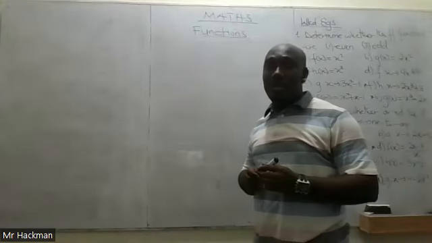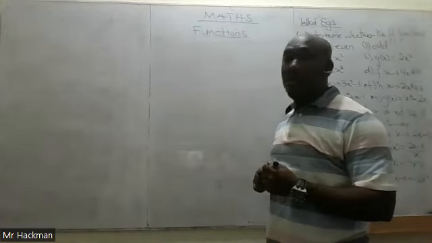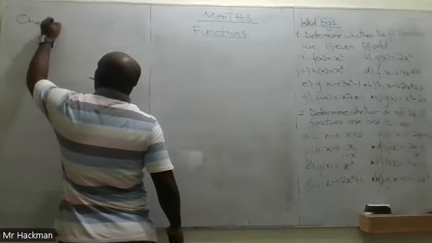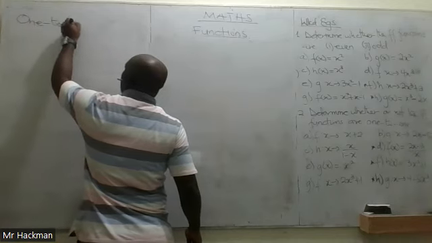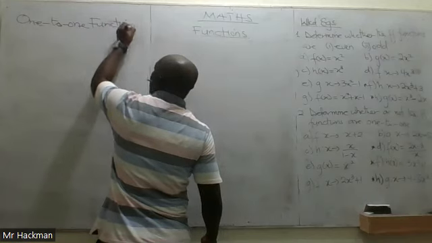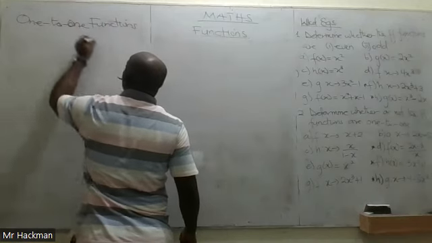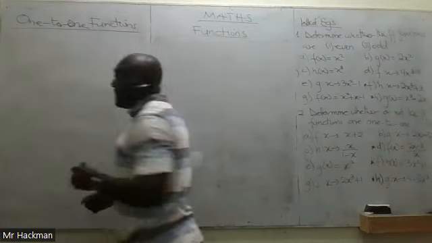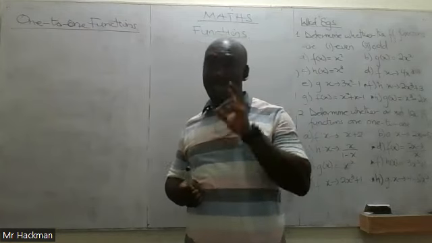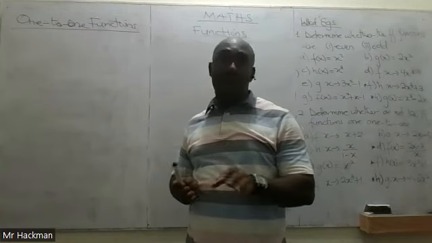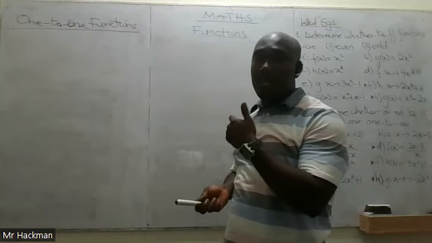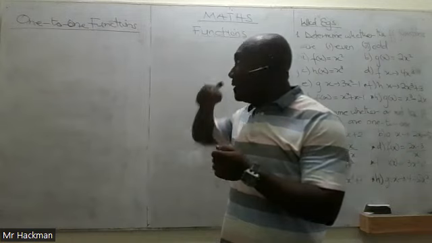Now we are going to look at our next special function, which will be the 1 to 1 function. Again, I'm going to use the function f as my general function to give you the definition or the condition for which a function can be 1 to 1.